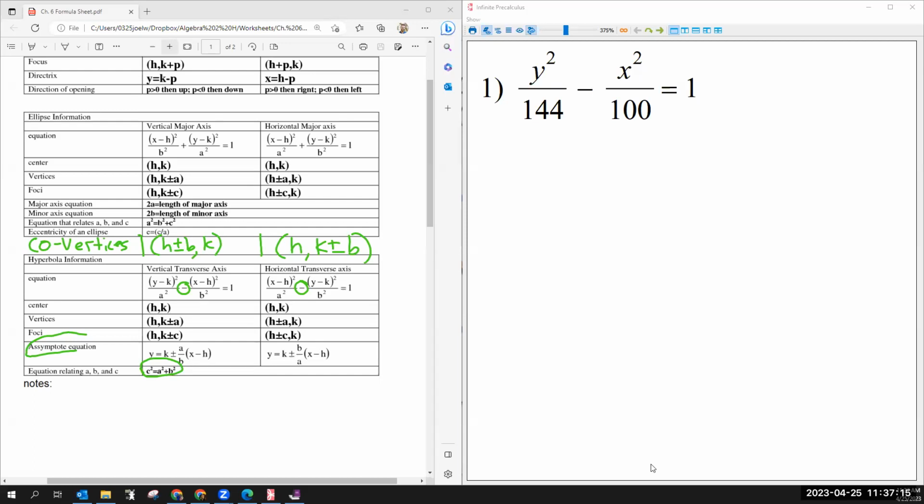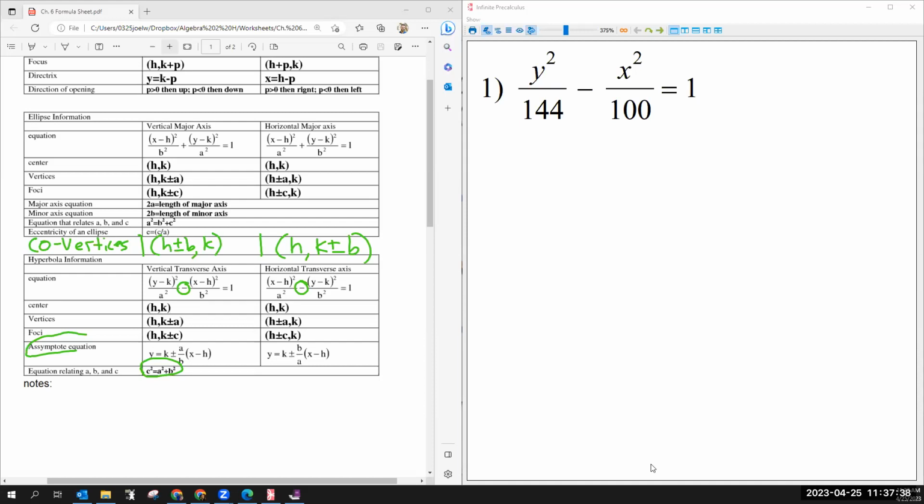So before a squared had to be the largest. Now c squared, the c is going to be the largest value. And the main difference here is that a is not necessarily larger than b. A can be larger than b, a can be smaller than b, or a and b can even be the exact same number. Okay, so that's important.